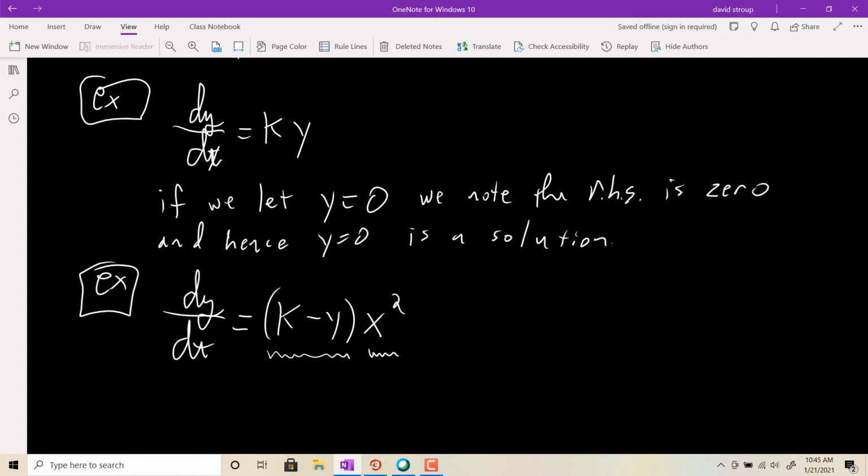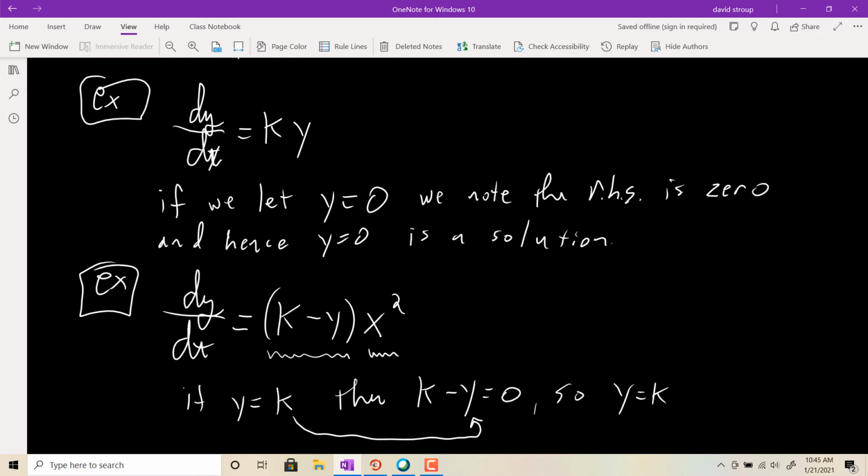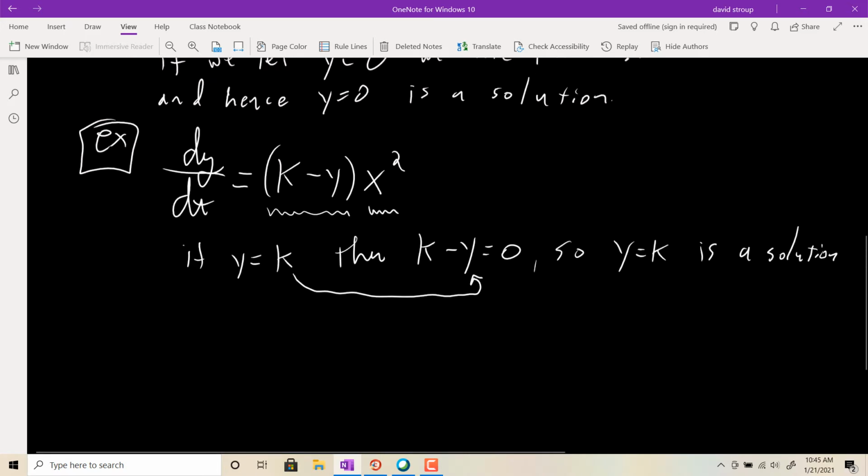Well, if you plug k in for y, then this function of y, k minus y, will equal 0. You get k minus k, which is 0. So y equaling k is a solution. I know I'm abusing the letter y. Usually they'll give you a different variable for solutions, like u is a solution.